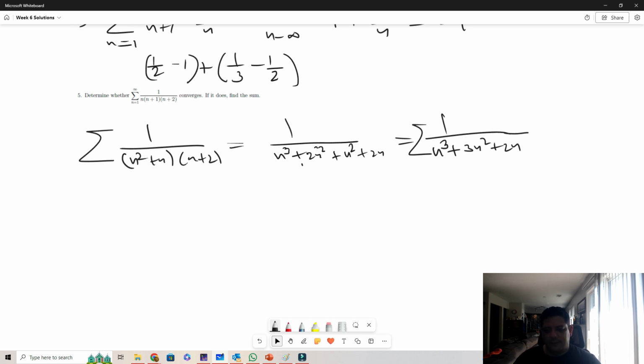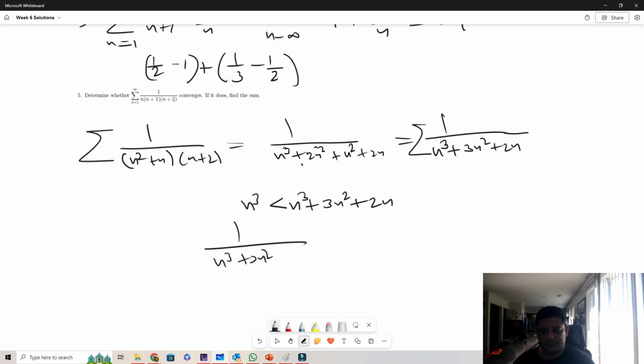There's not an easy way to find convergence by this, so we're going to have to use a tool of comparison with other types of series. So notice that n cubed plus 3n squared plus 2n is going to be larger than n cubed itself. And so because of that, we're going to have this.